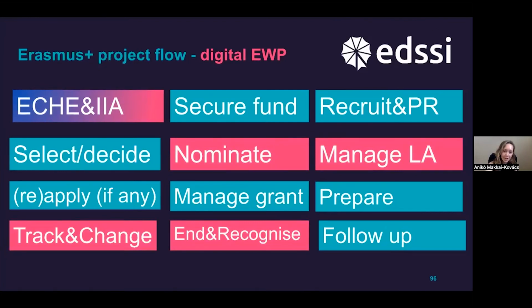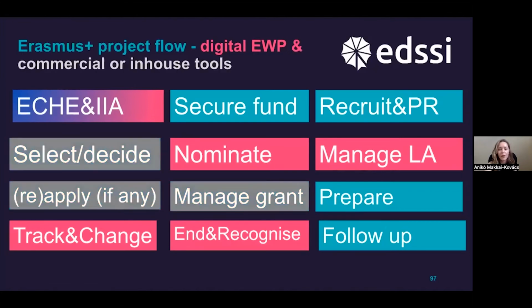And the first one, ECHE, is a little bit blue because, of course, ECHE is digitalized via the system of the Commission. With gray, I indicated that these are also digital, but mostly in commercial or in-house tools, so not yet in the freely available tools like the Erasmus dashboard or EWP dashboard or the online learning agreement.